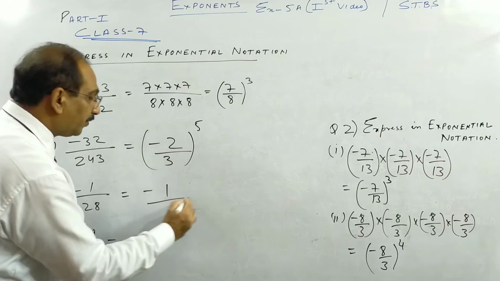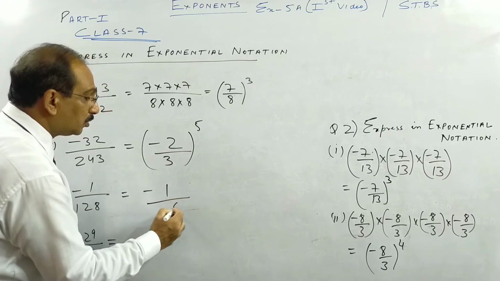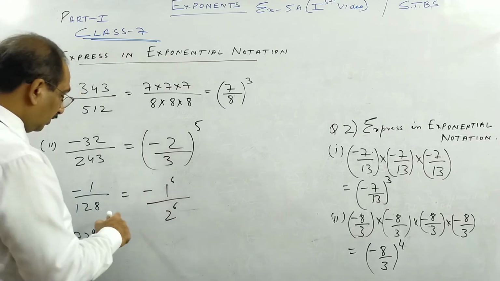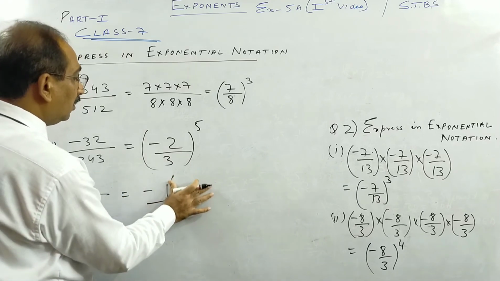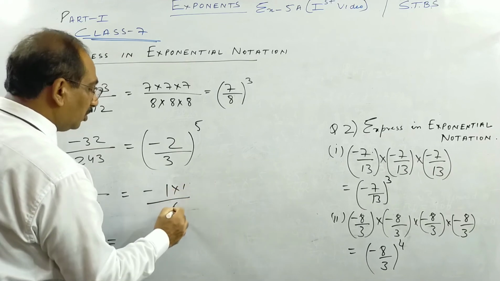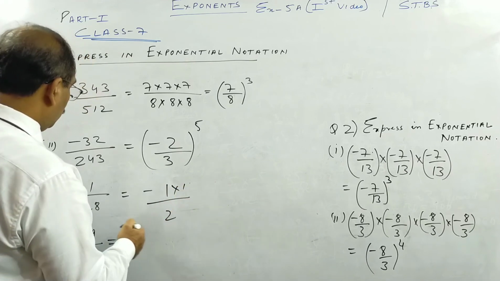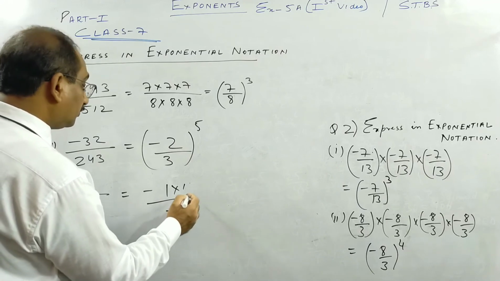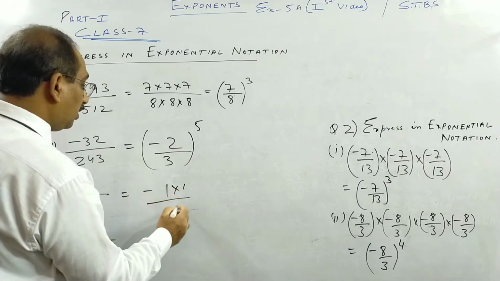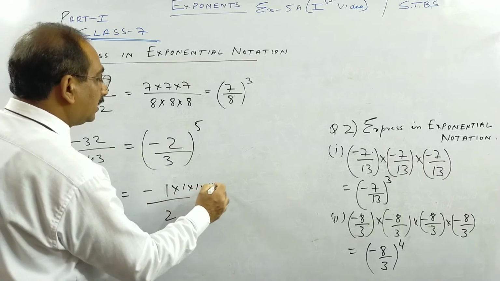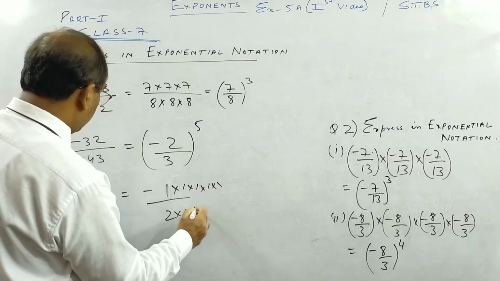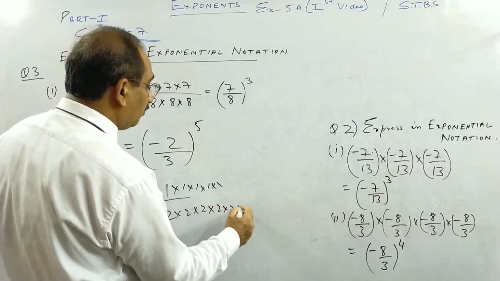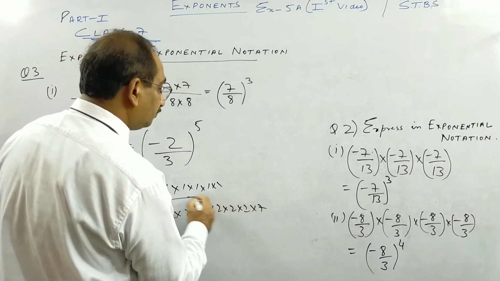So 128, children, I told you, is 2 to the power 6. So you can write it here, just for the sake of doing, because this will be 6 times. Okay, so you can write like this over here, or if you have any difficulty, write 6 times. I think 7 times.